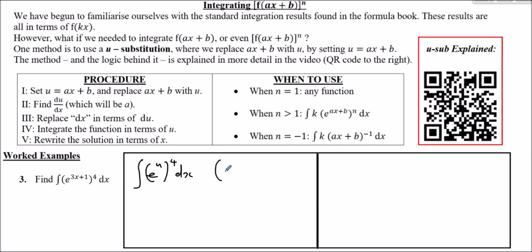So basically I'm going to call u 3x plus 1. Then if I take the derivative of u with respect to x, du by dx is going to be 3. And so from that, I can see that dx is going to be du divided by 3.